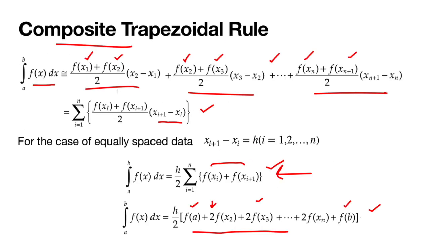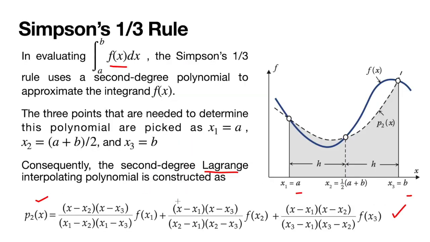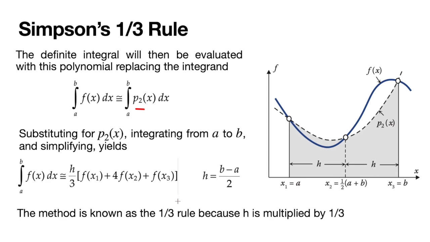We are basically putting the values here, calculating these limits and simplifying the expression. Using the same approach, we get this formula.